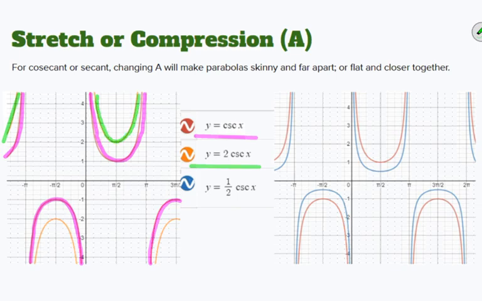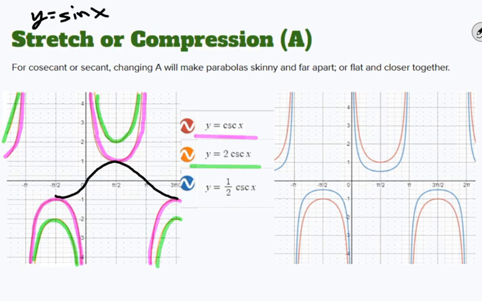But nothing's changed other than the amplitude. Well, what do they mean by that? Well, I always like to think of the fact that the inverse of cosecant is sine.